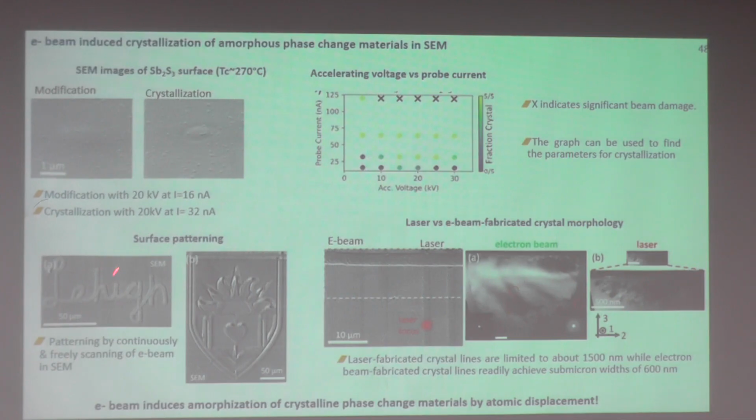So it shows the transformation from amorphous to crystalline and the creation of interesting features. And here, by using electron microscopy, one can see the crystallization or amorphization of such structures.